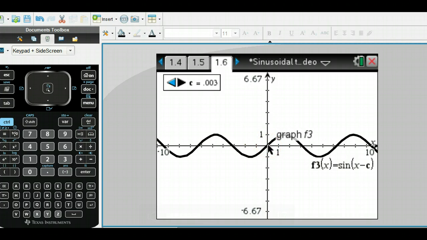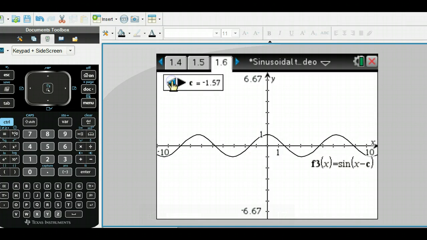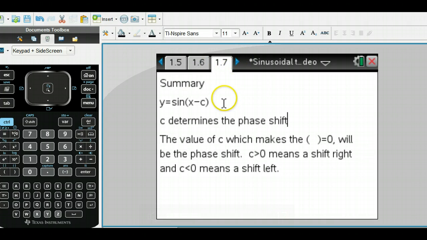Okay? So if I move c and make c negative, what's that going to do to this starting point right here? Well, it's going to move everything left. Okay, so this moves everything right and left for the c value. And so the summary, y equals sine of x minus c. C determines what we call the phase shift.